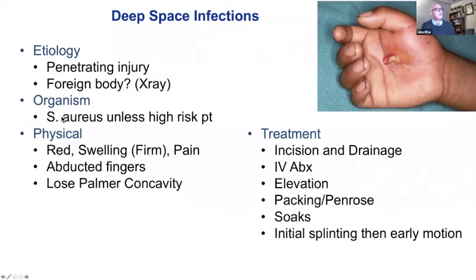The organism is almost always Staph aureus, and you'll see a lot of redness, a lot of swelling, no convexity to this hand, but still pus leaking out of a penetrating wound that was probably a few days before. The treatment is incision and drainage. The treatment of many of these infections is an automatic surgical procedure. IV antibiotics, elevation, packing, and Penrose, and these patients are admitted to the hospital for monitoring.